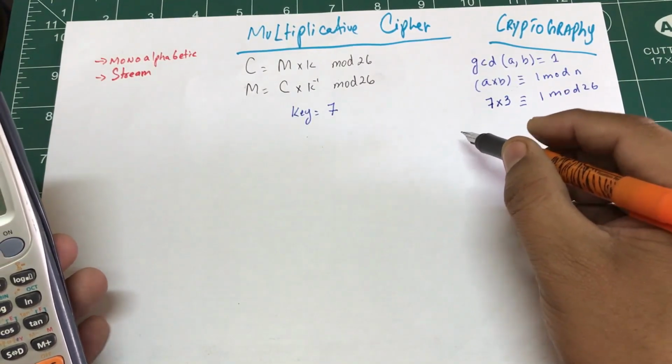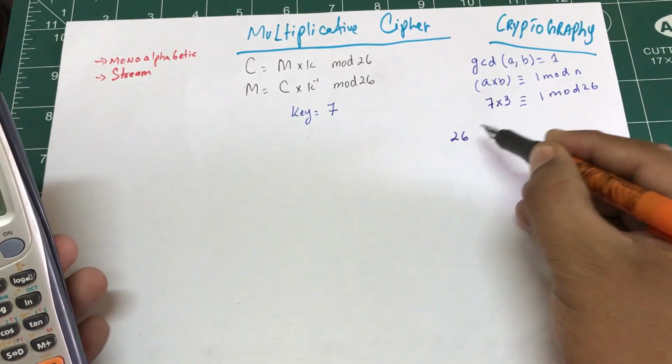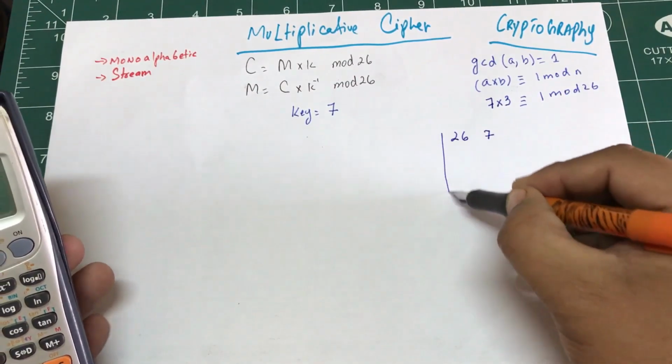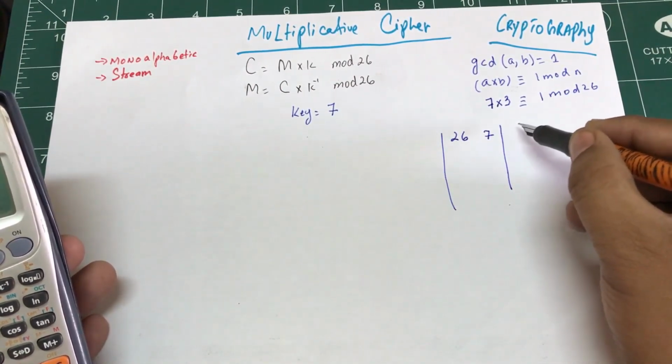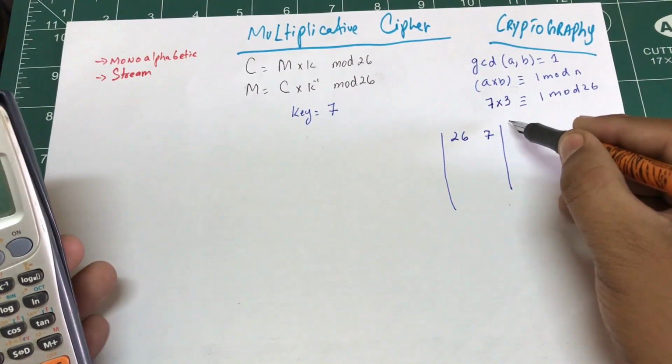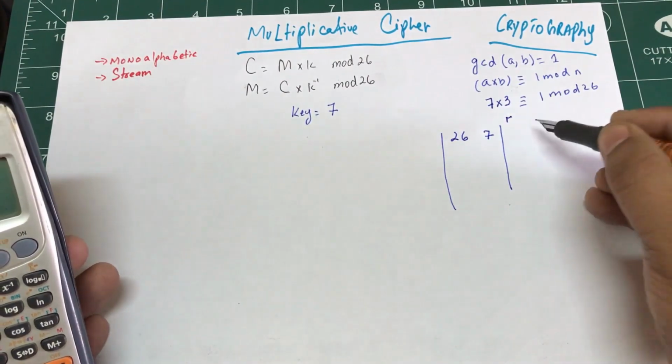Let's find out the multiplicative inverse of 7 mod 26. Let's quickly do it. Then we have the remainder.